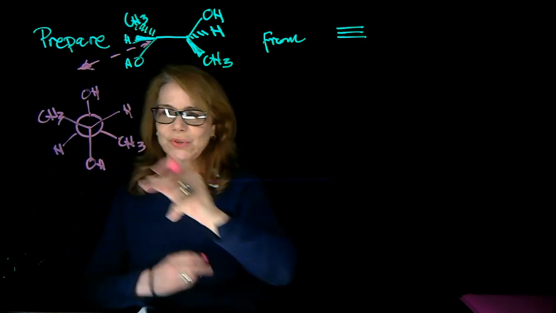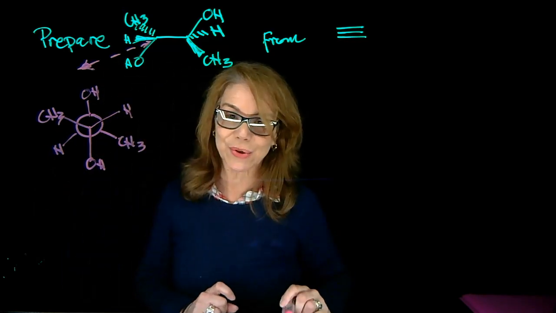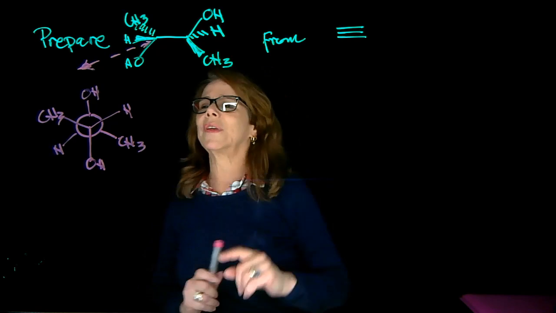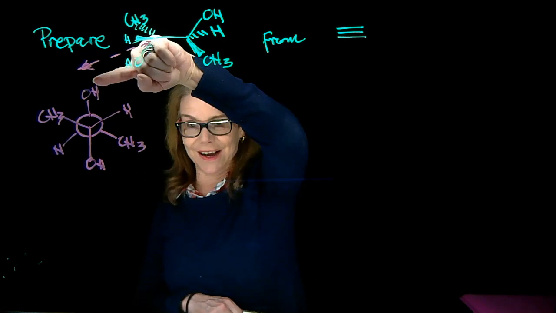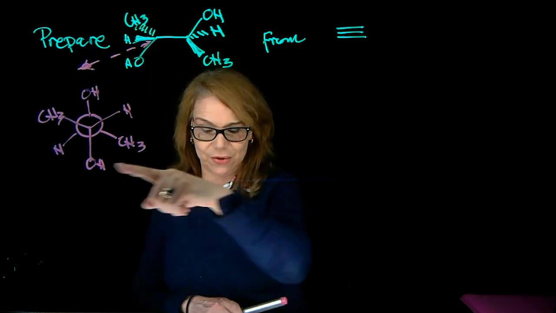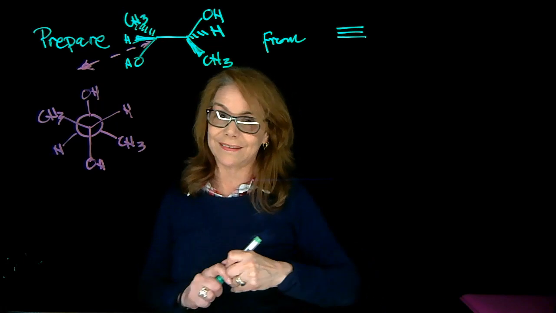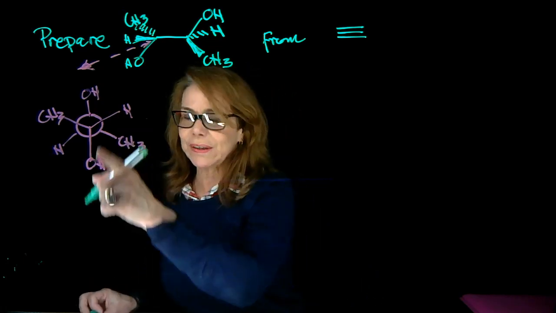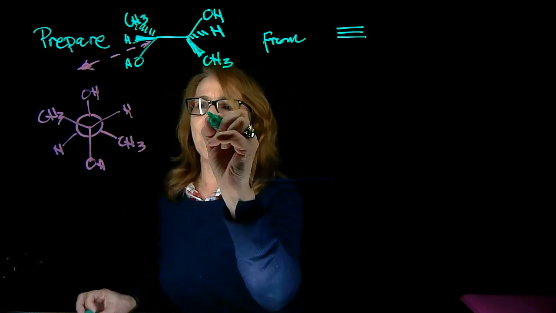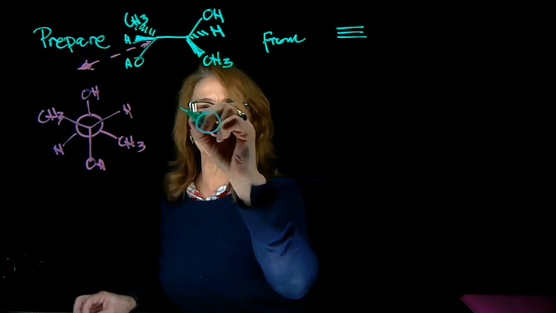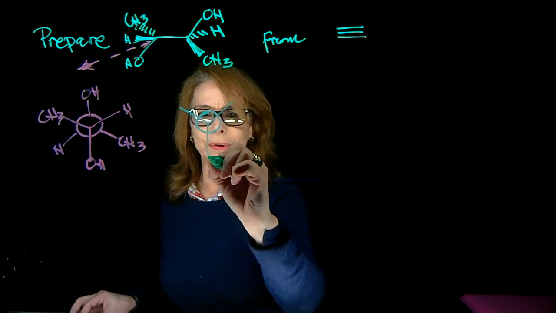CH3 opposite to each other, and H opposite to each other, that's meso. So you can see that if you did a 180 rotation over here, you will get the one that has everything eclipsed. So here you can see a center of inversion. But if it's easier for you, you can draw the other rotamer.